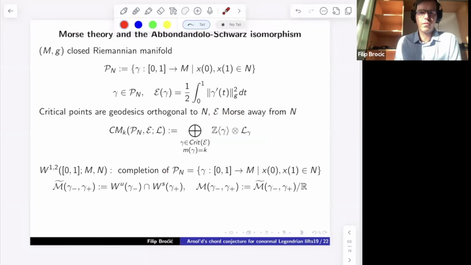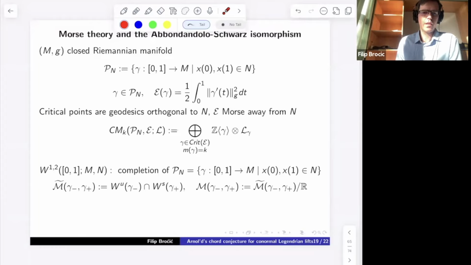And then as in finite dimensional Morse theory, although this is much more subtle. Here one needs to find a suitable space to do Morse theory and to prove that the gradient flow will have good behavior.